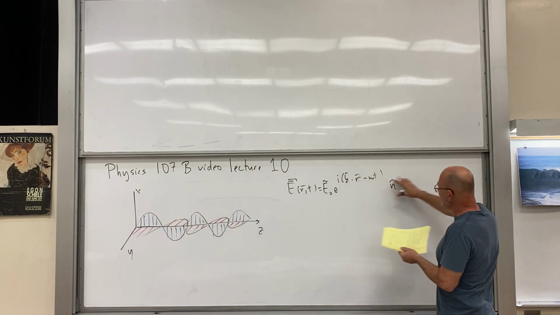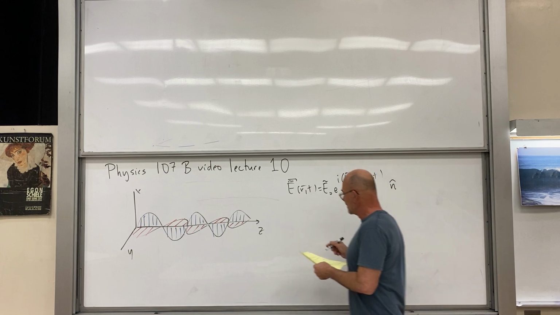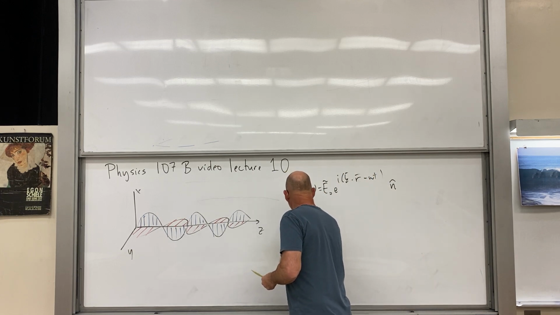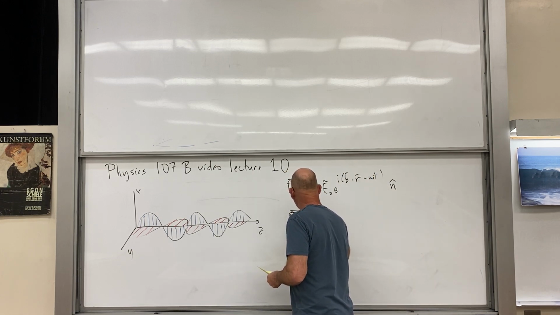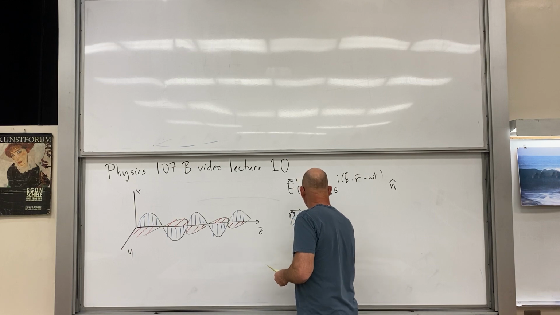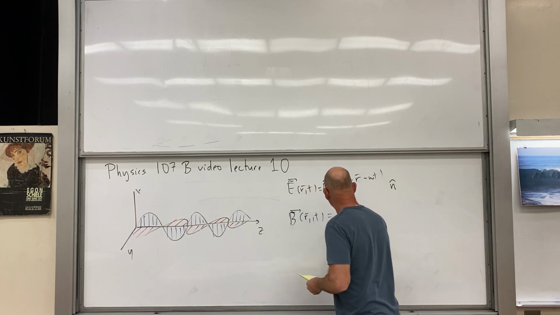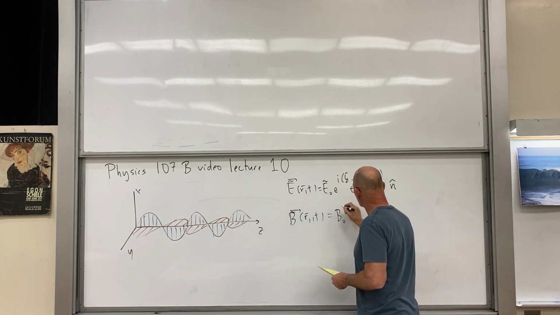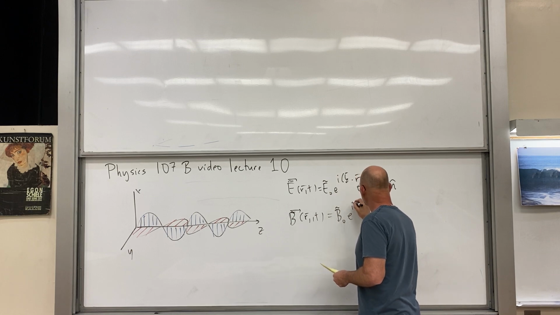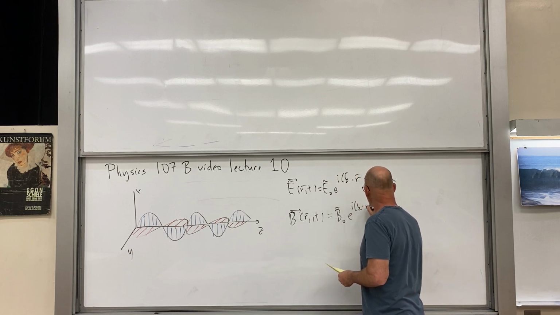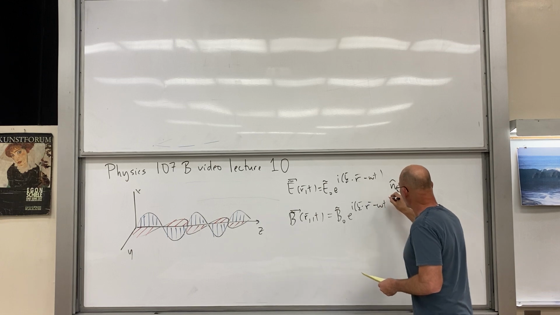And of course it's propagating to the right. The magnetic field, also complex, B tilde of R and T, is E0 tilde e to the i(k dot r minus omega t).